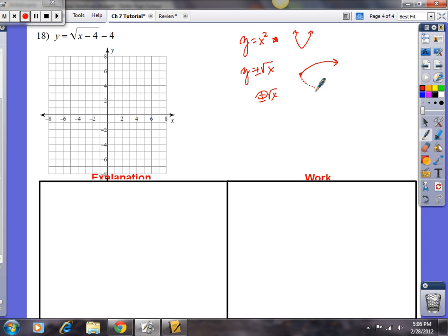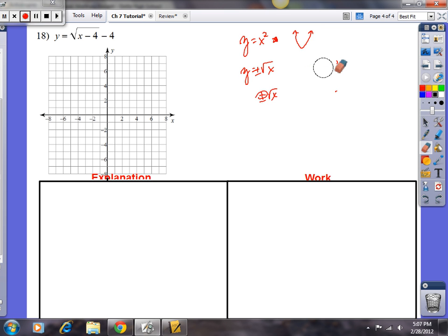The negative root gives you the other half of the parabola, but we're not going to focus on it because it doesn't give us a function if we do both the top and the bottom. So we're just going to do the positive root. Alright, so you need to know what the general shape is going to be, and it's going to be kind of a sideways parabola.